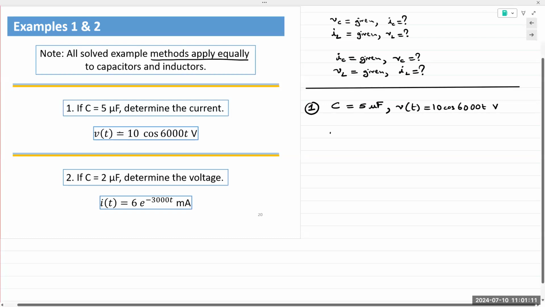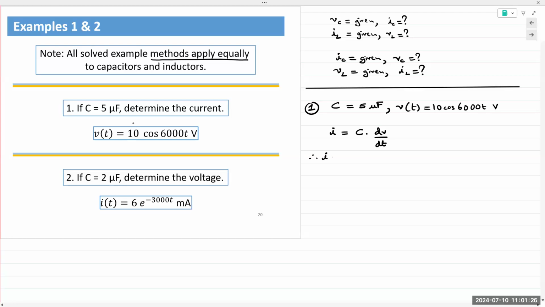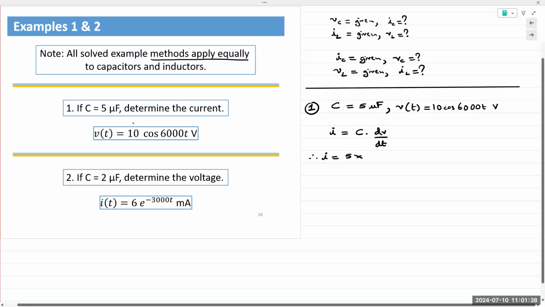But we do know that the capacitor current i is given by the product of the capacitance and the time rate of change of voltage, C dV over dt. So we plug in the values. C is 5 microfarads, so 5 times 10 raised to minus 6, and then the time derivative of the voltage, which is 10 cos of 6000t.